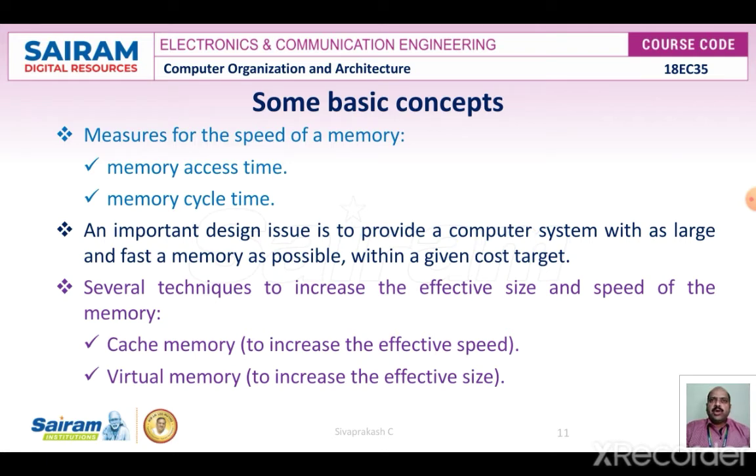Okay, so a memory unit is called a random access memory, RAM, if any location can be accessed for a read or write operation in some fixed amount of time that is independent of the location's address. This distinguishes such memory units from serial or partly serial access storage devices such as magnetic disks and tapes.